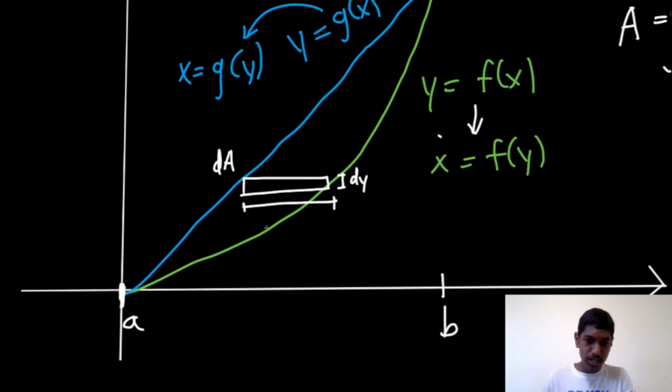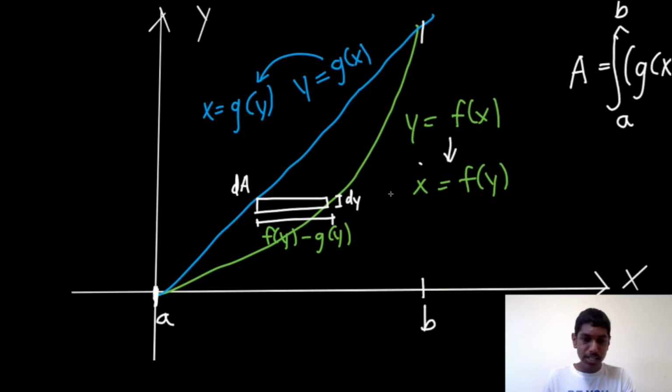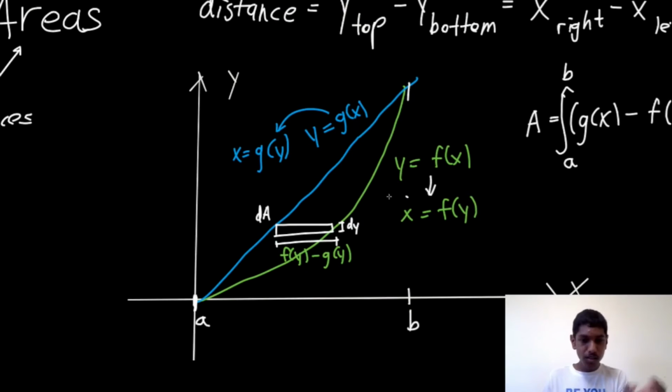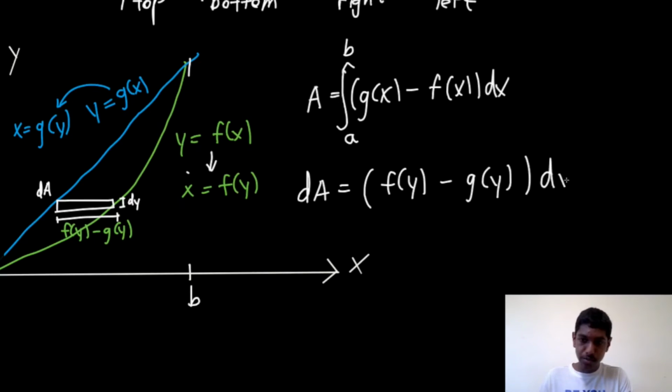So here we put f of y minus g of y. This f of y minus g of y is going to be the horizontal distance of every rectangle. So we write it in a similar way we did last time, where we've got f of y minus g of y dy, and that's the area of a single area element, dA.